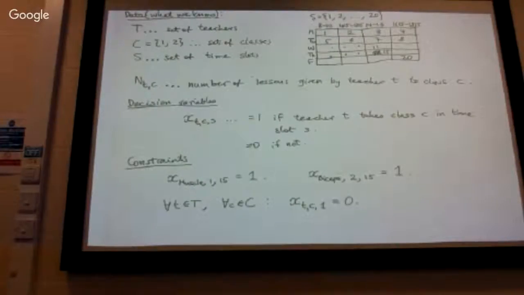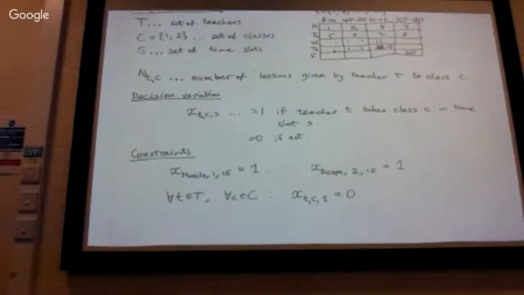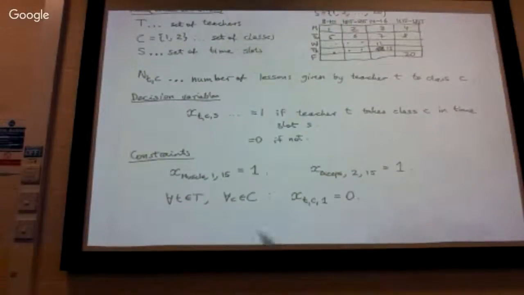Okay, then the next one says that f of x cannot do Monday mornings. So that would be something like no class. And for the time slots, Monday morning, that's 1 and 2.